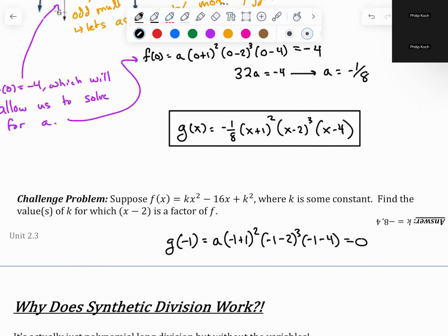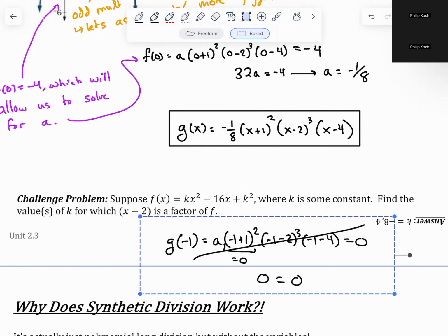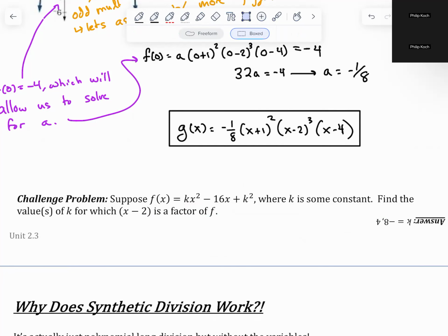Do you see the problem? That equals 0, so we're just going to get 0 equals 0, because this gets completely wiped away. The zeros make the whole thing 0, and we can't use them to figure anything out. Great idea, but it unfortunately won't work because it doesn't give us enough. What we need is a non-zero point.